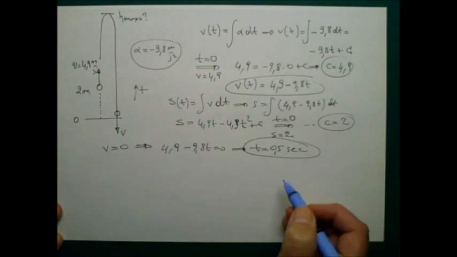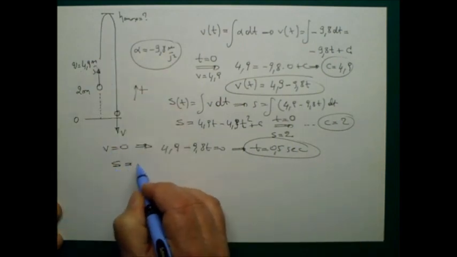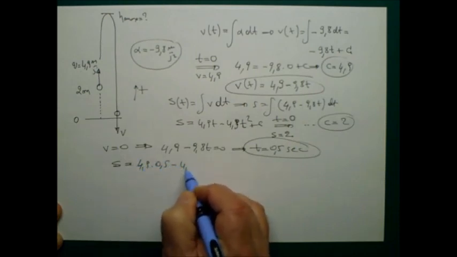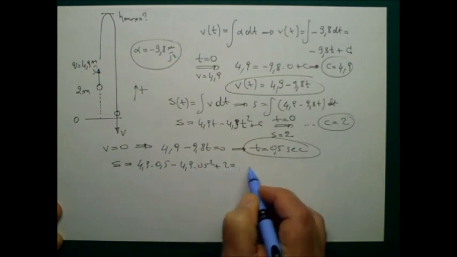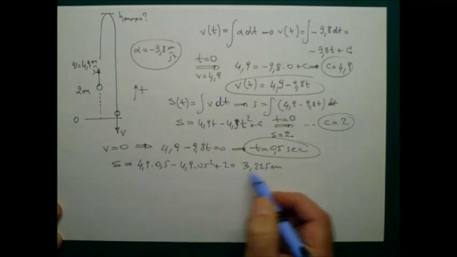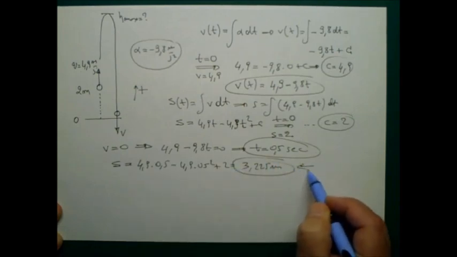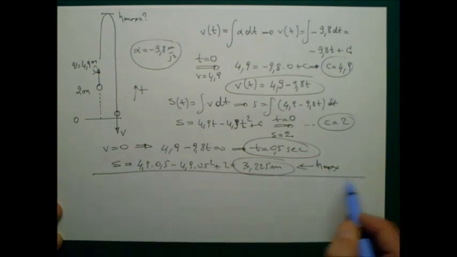And to find this height, we substitute t equals 0.5 in the equation of s, the displacement, which is 4.9 times 0.5 minus 4.9 times 0.5 squared plus 2 equals 3.225 meters. This is our maximum height.